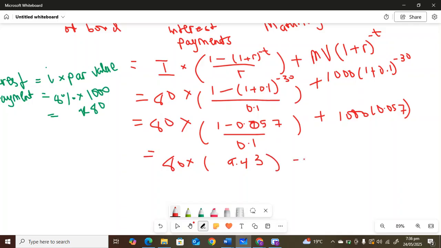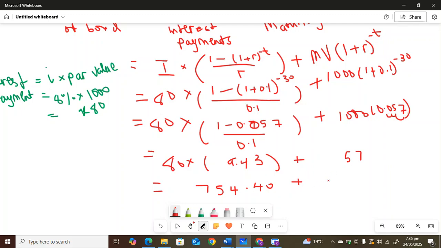80 times 9.43 is 754.40. Plus, when we multiply 1000 times 0.057, we get 57.